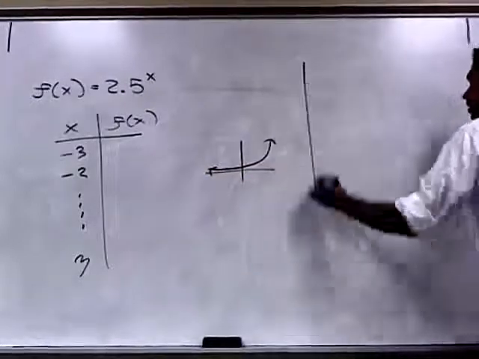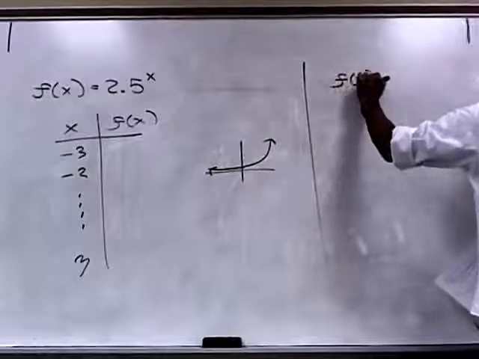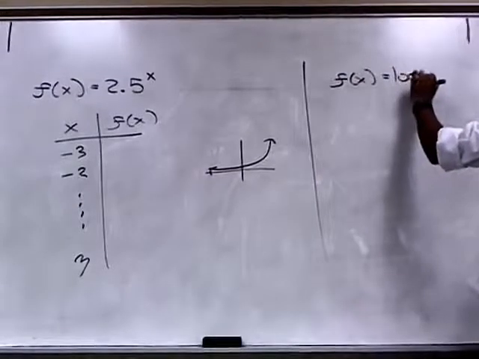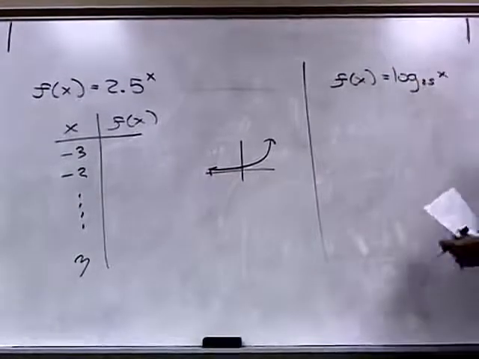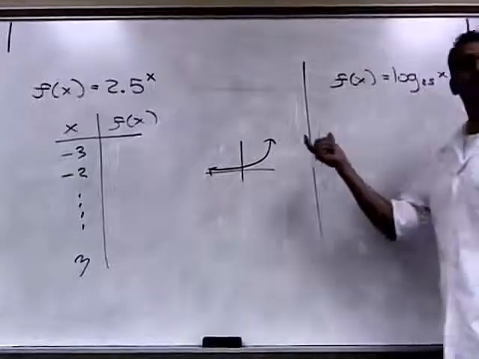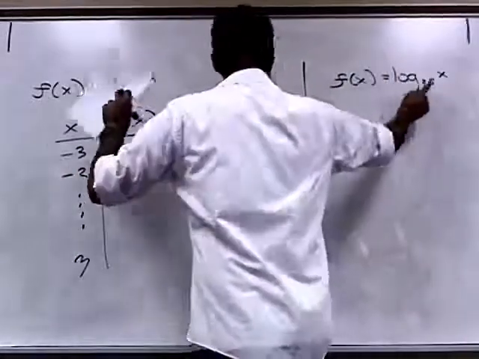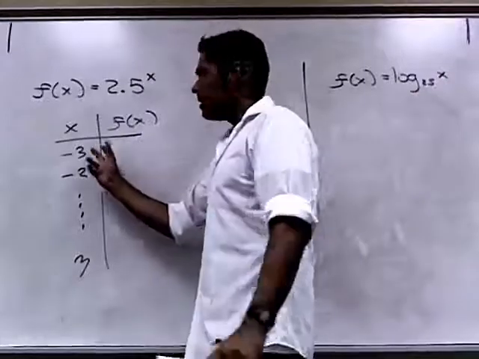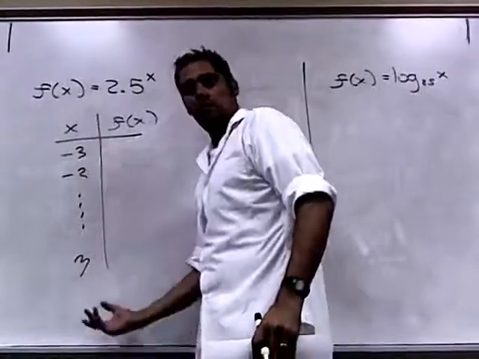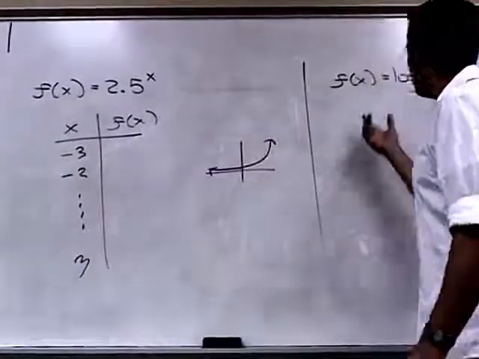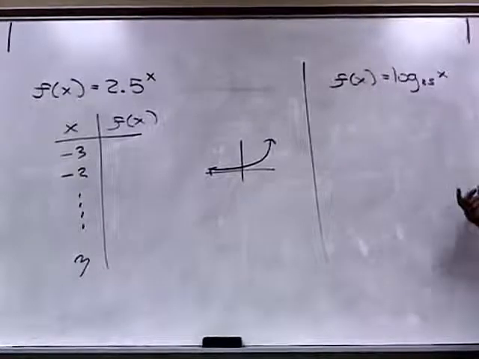Now, on the next one, if I ask you to graph log base 2.5 of x, then what you're going to do is go back to this one, right? Because this is the same base as that, but that's exponential, that's log. Take these numbers, flip them over, and put those in a table over here and graph those.